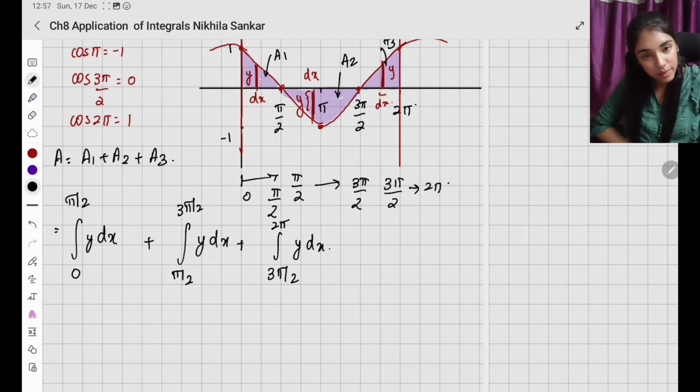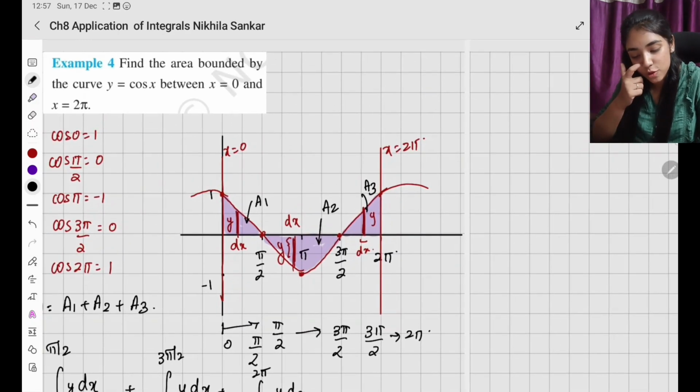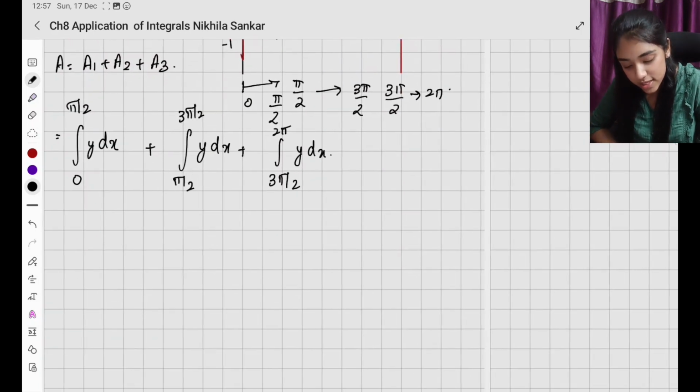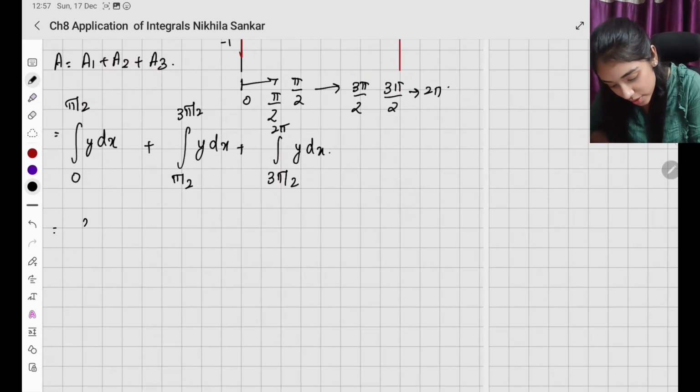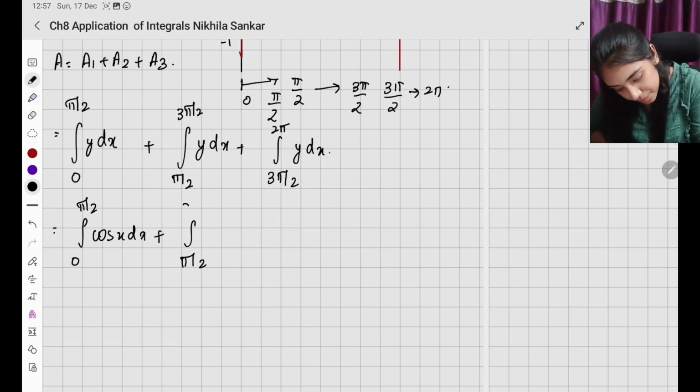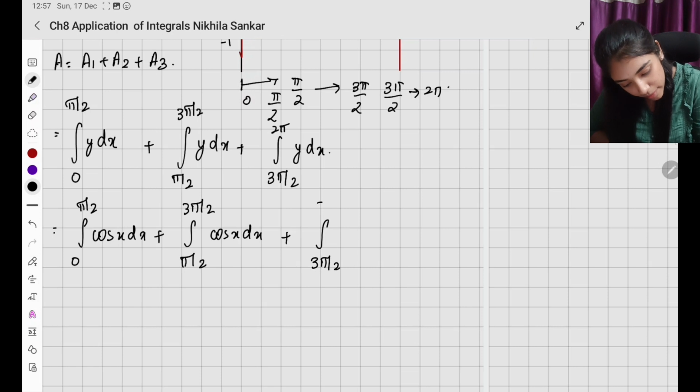This y dx is going to remain common. Now we have to substitute for y. What do we have? y equals cos x. So we substitute cos x everywhere. So I have integration 0 to pi by 2 cos x dx plus pi by 2 to 3 pi by 2 cos x dx plus integration 3 pi by 2 to 2 pi cos x dx.